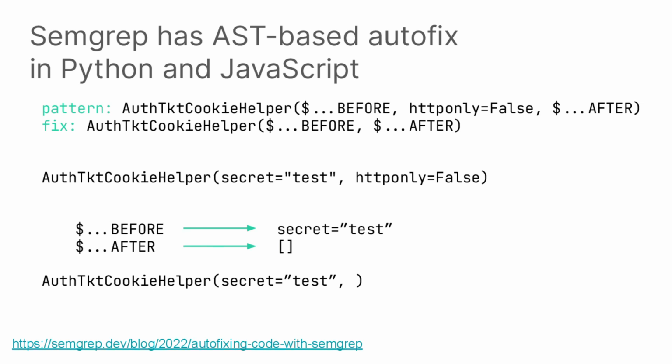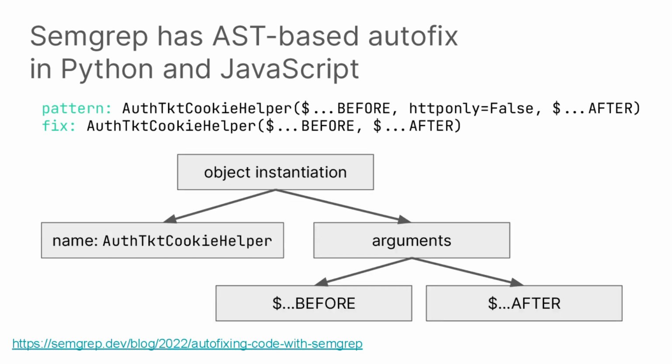But with an AST-based autofix, this is fixed. Because we parse it into an abstract syntax tree first, we have an object instantiation with a name and some arguments, and these arguments in the fix pattern are before and after. If we then replace the actual values of these metavariables with an empty string in case of the after metavariable, then this tree is printed to code. This has the correct amount of commas, so AST-based autofix will be more accurate, and we hope to roll it out for future languages.